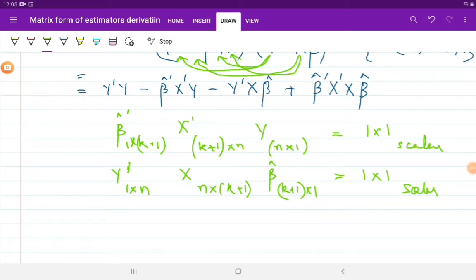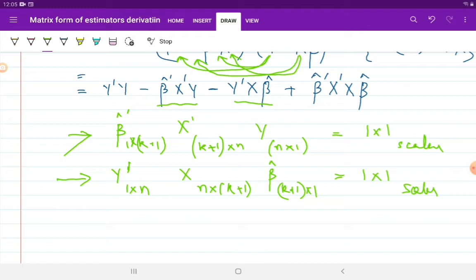Now observe the middle two terms. Beta hat transpose times x transpose times y. I have written the dimensions of these matrices over here. As you can see, when you multiply, you will get a 1 cross 1, or a scalar value. Similarly, the second term, y transpose into x into beta hat, when you multiply it, you again get a single scalar value.